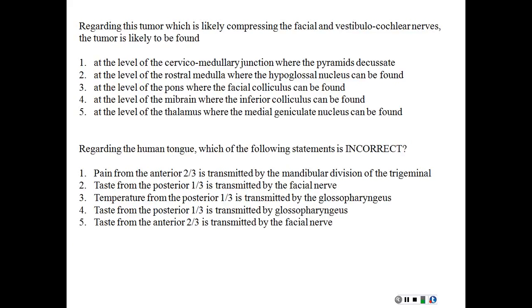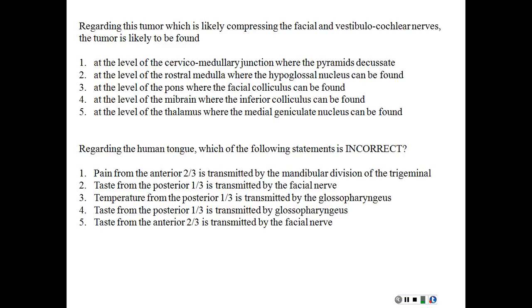Regarding the tumor, which is likely compressing the facial and vestibulocochlear nerves, the tumor is likely to be found where? Well, where do we expect to find these? Now, this is drawing on what? Your knowledge of the relative levels of the brainstem and where you would find these nerves. And where do we find facial?